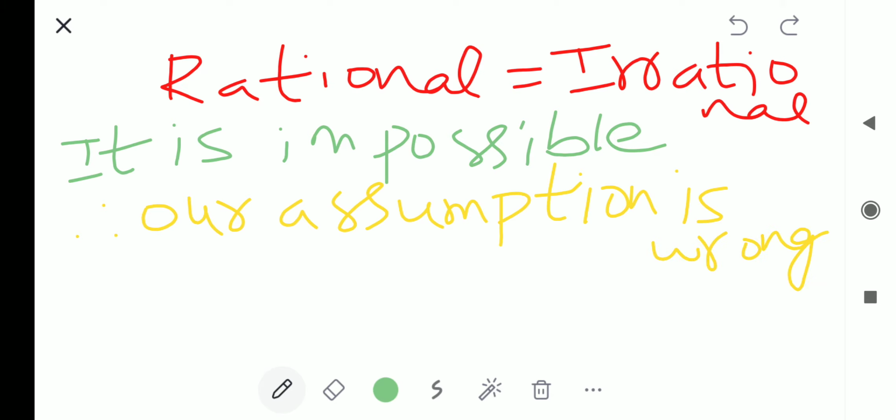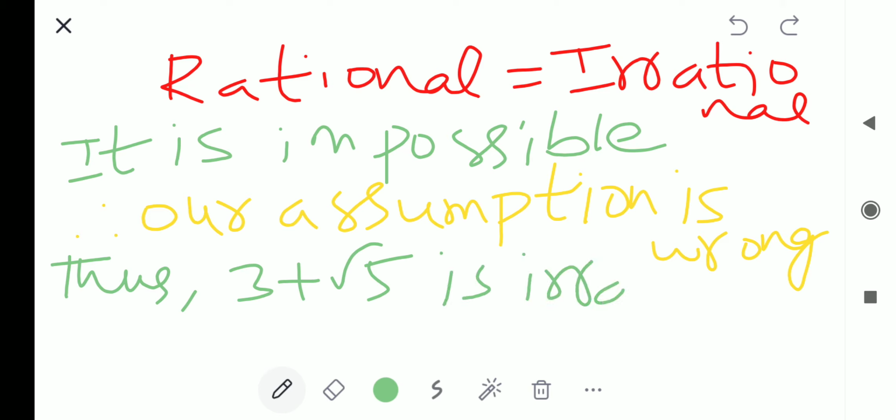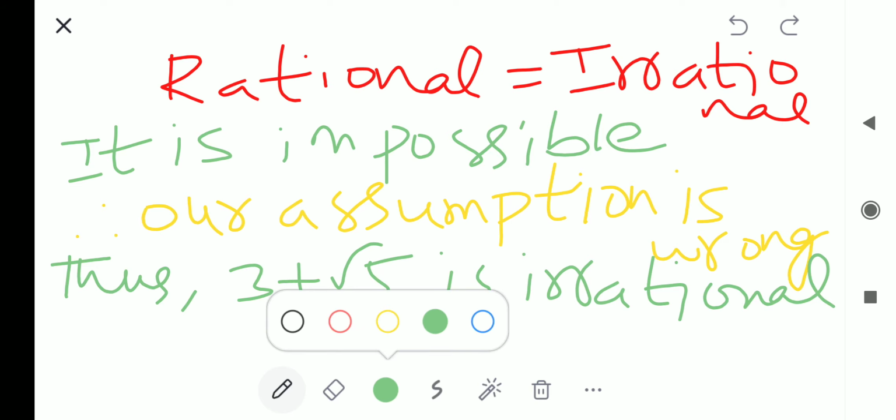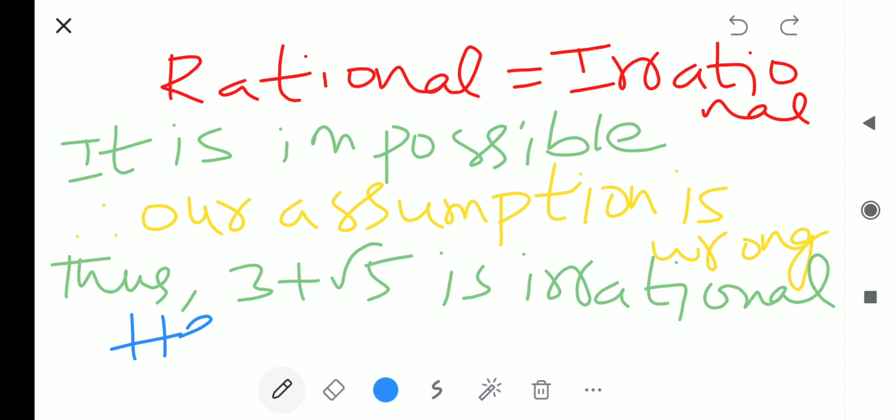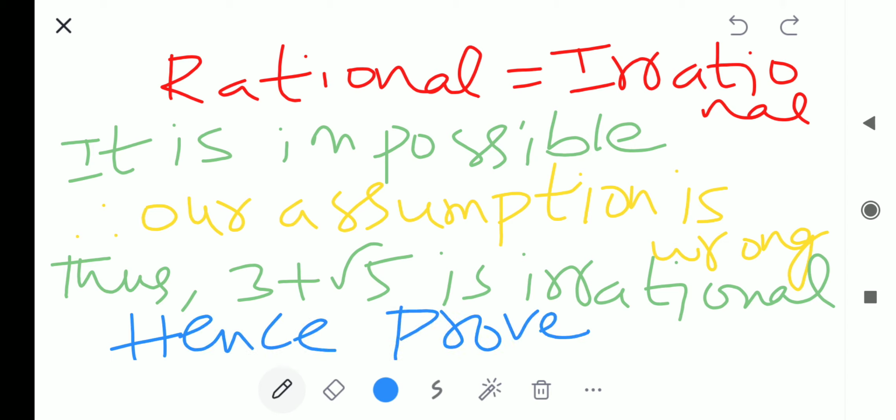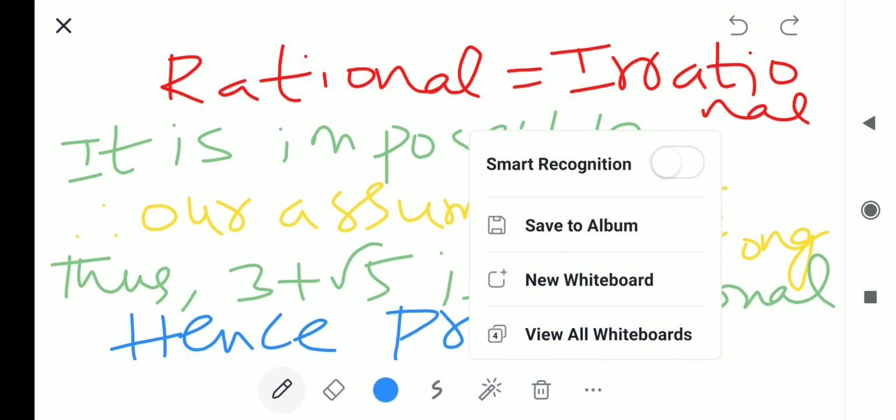Thus, I can accept that 3 plus root 5 is irrational. So the result asked to be proved is not proved directly, it is proved indirectly. That's why the method is called the indirect method of proof. This way the solution is completed.